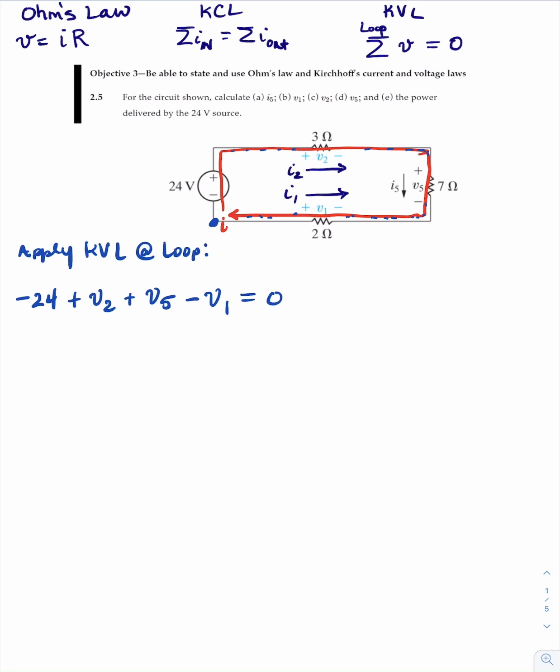We can change this and apply Ohm's law and use our single current that's in the loop, current I. So we would say minus 24, and V2 could be expressed as 3I, and voltage 5 could be expressed as 7I, and voltage V1 can be expressed as 2I.